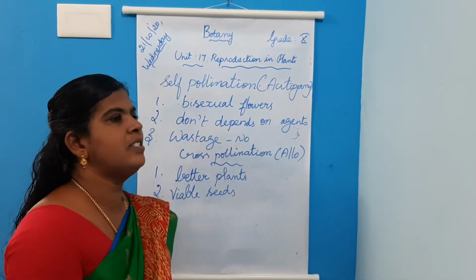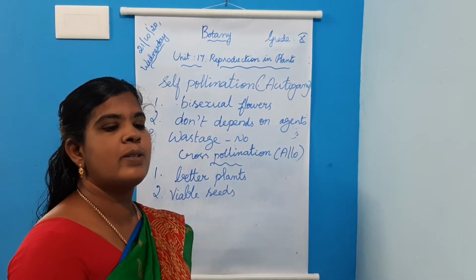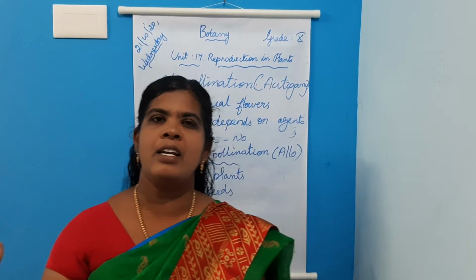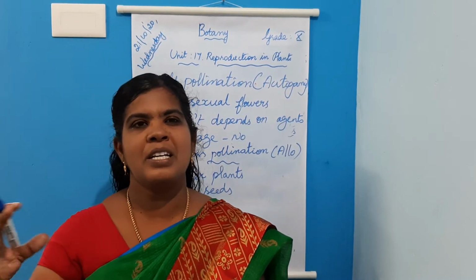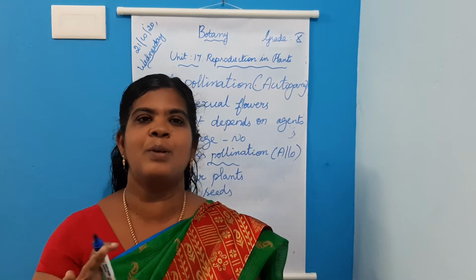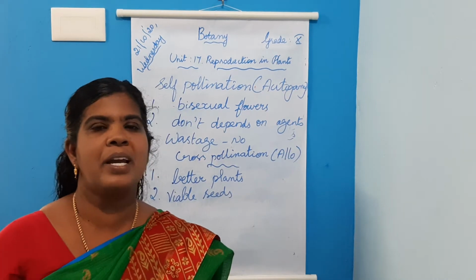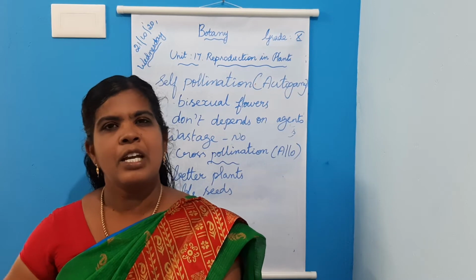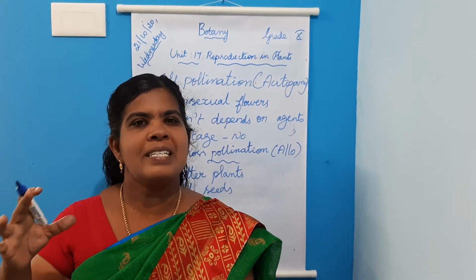Cross-pollination has certain disadvantages also. First one is it may fail due to distance barrier, because cross-pollination is the transfer of pollen grain from the anther to the stigma of another flower. Second one is more wastage of pollen grain because it depends on certain agents.